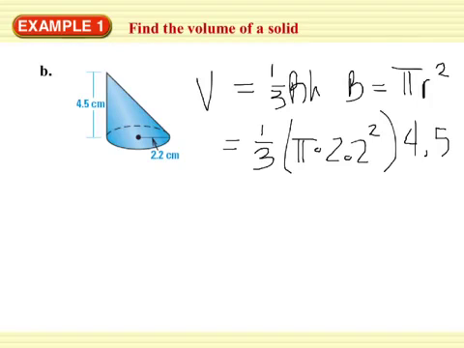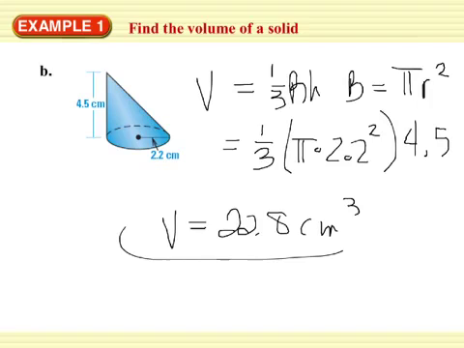I do 1/3 times pi times 2.2 squared times 4.5. And I get a volume of 22.8 centimeters cubed.